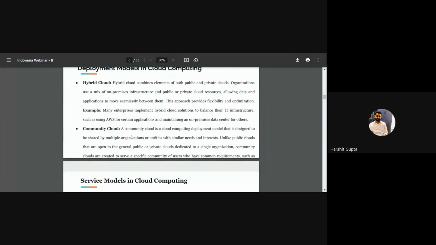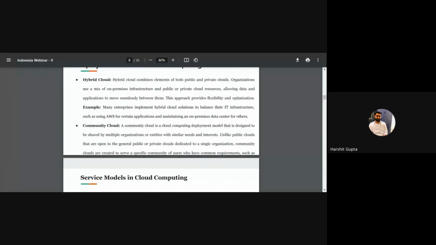So next is the community cloud. Community cloud means the services provided by the cloud which are used by a community. That means if there are multiple small companies and they all want some specific kind of services, these companies just take those services on rent from the cloud service provider and use them.